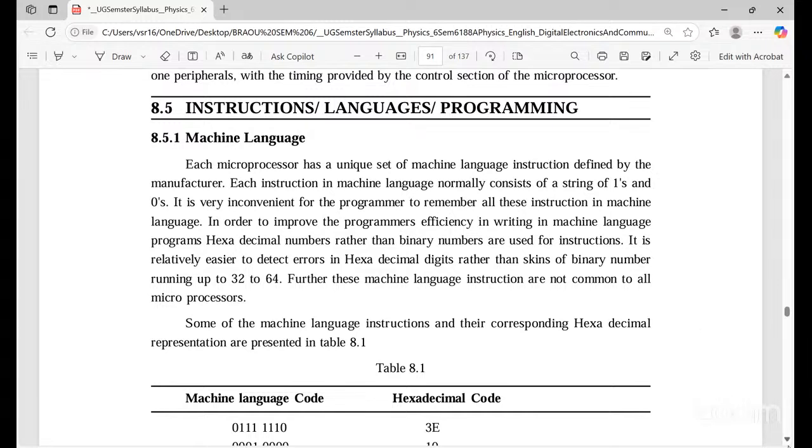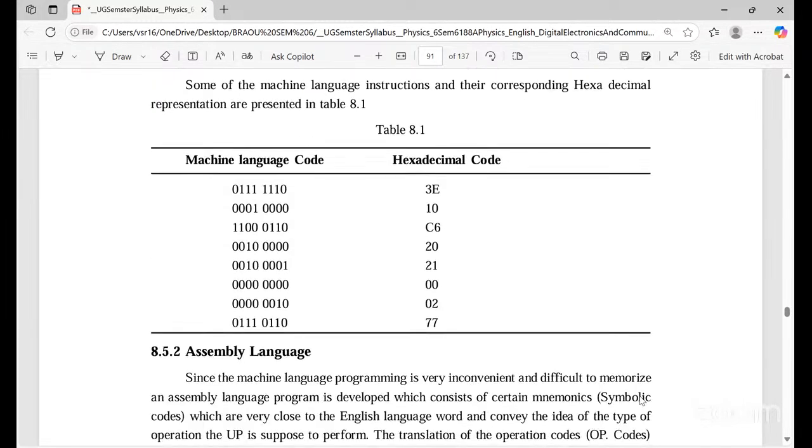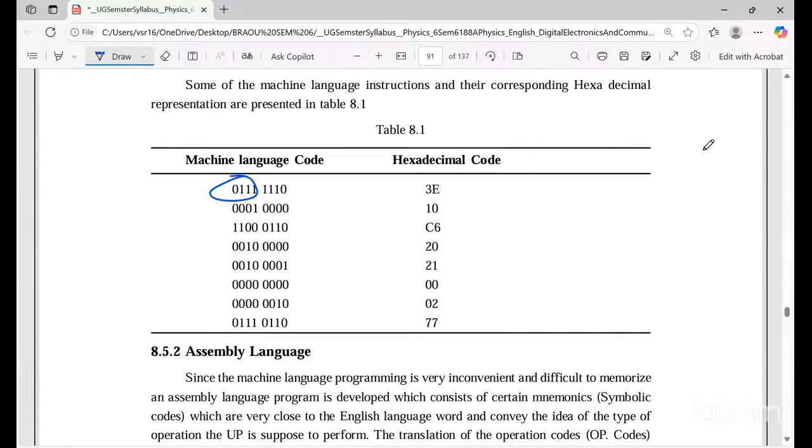So you can go for one table of hexadecimal. This is the machine language, and this is the hexadecimal code. So this is 0111. I already told you how to convert: 2 power 0, 2 power 1, 2 square, 2 cube.